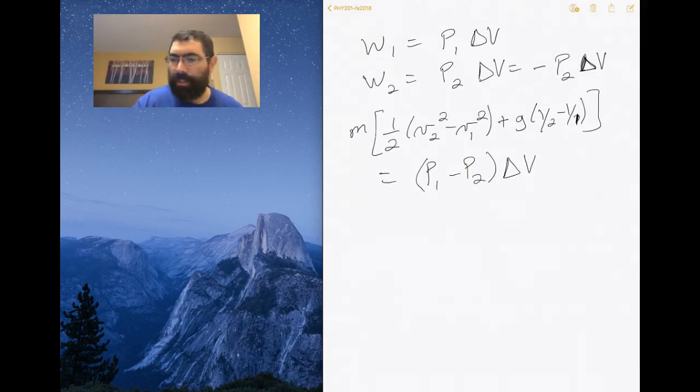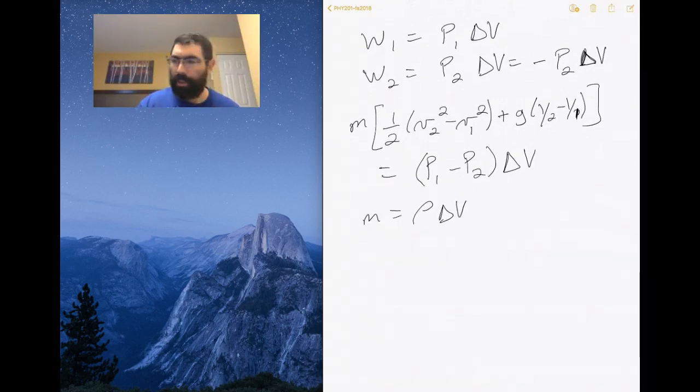Now the mass, we said, was the density times the volume. So you can plug that in.